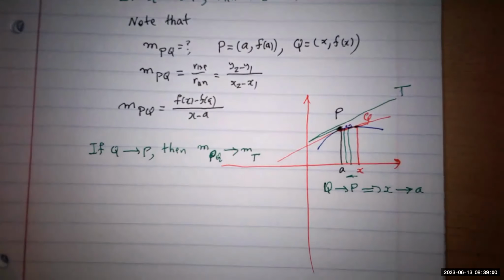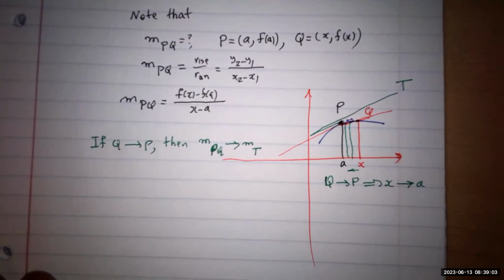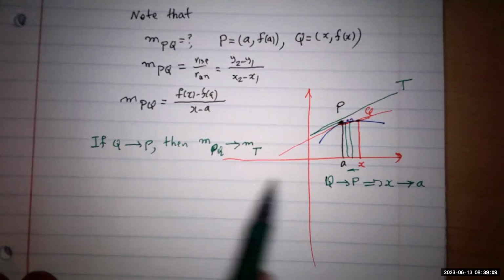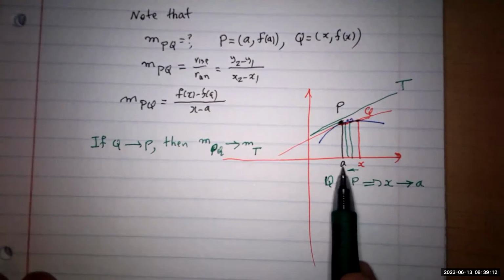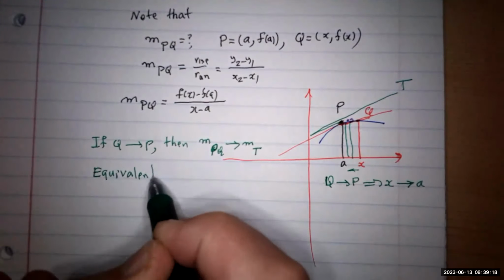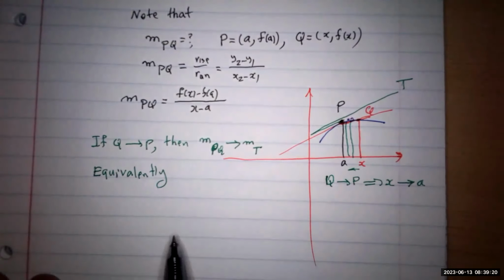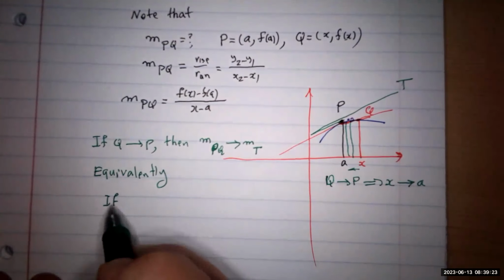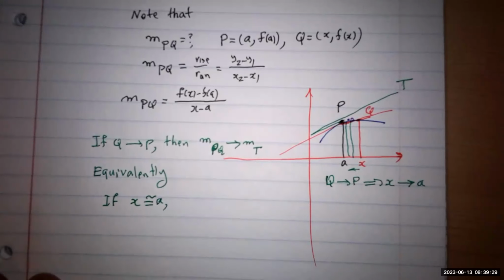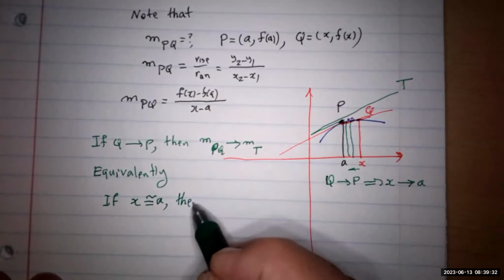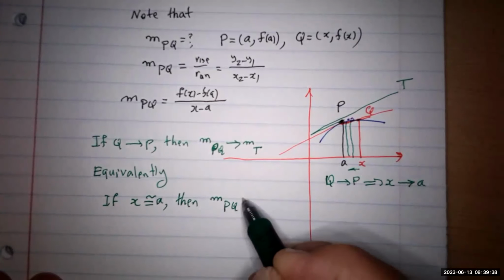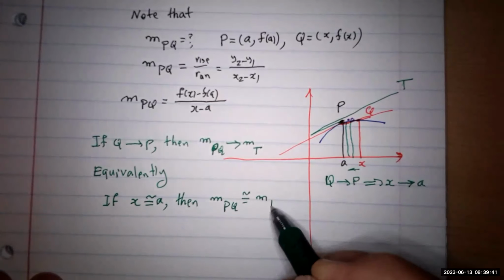What we are going to get here is that for x to get closer and closer to A, you have to pick the value of x close to A. Equivalently, if x is approximately equal to A, very close to A, then the slope of the secant line would be approximately equal to the slope of a tangent line.